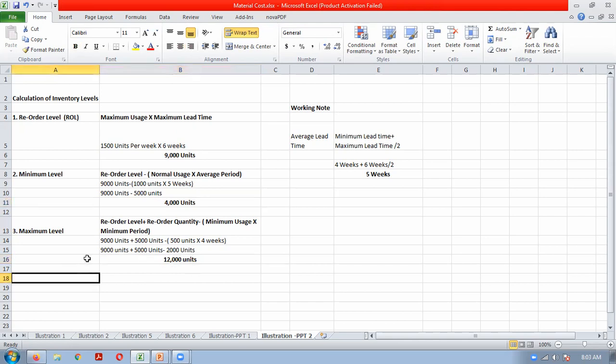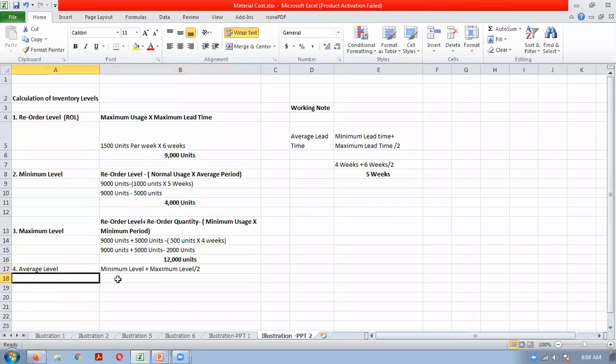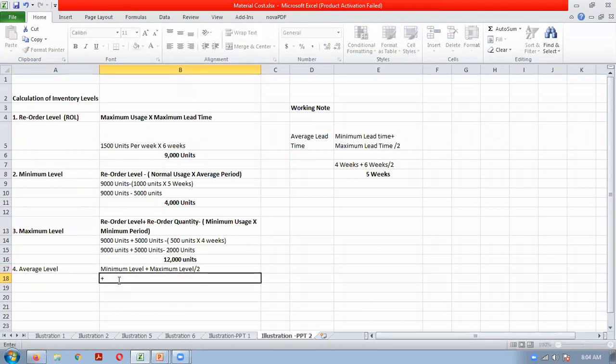One more we can find out, which is the average level, which will be the average of the maximum and minimum level. So minimum level plus maximum level divided by 2. Average, you know how to calculate. Minimum level is 4,000 units.